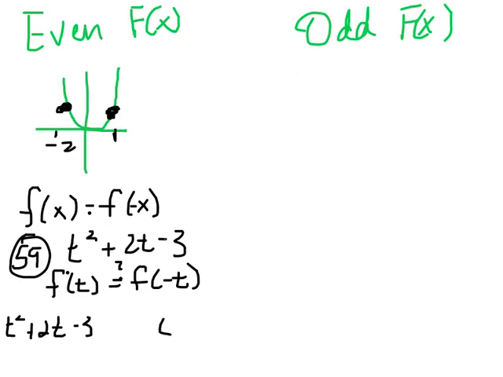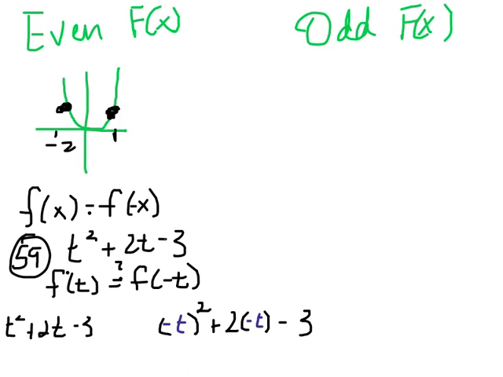Everywhere I see a t, I'm going to put a parenthesis so I can plug a negative t into it, because this gets hard to think about when you're plugging in a negative number. I know the function with t plugged in is what they wrote, but let me put a negative t in there and see if it ends up being the same thing.